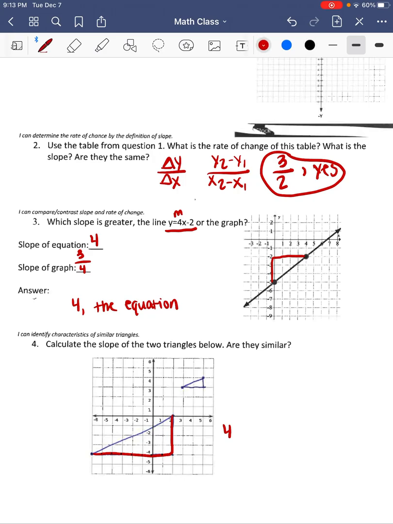So our bottom number is going to be 8. 4 over 8 reduces to be 1/2. So that's our official slope of that one. The slope of our smaller triangle is 1 over 2, which is the same. So you would put similar.